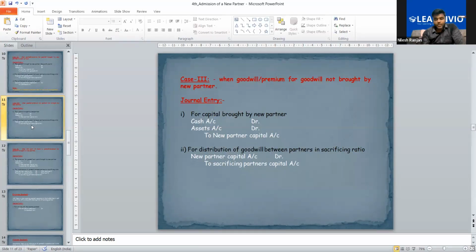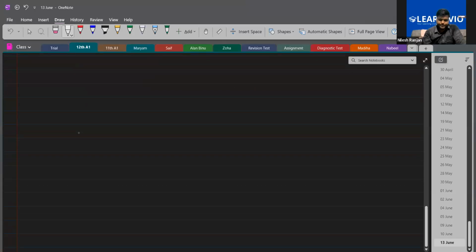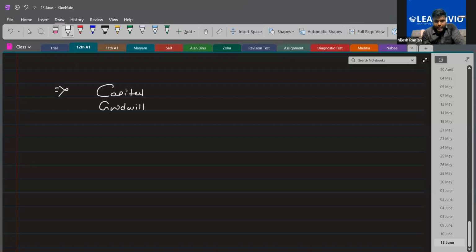Now the question is, if he is not bringing goodwill, then what will we do? What is the adjustment required? So he needs to bring capital and goodwill. I already told you that capital is for assets and liabilities, goodwill is for share in profit. So if he does not bring the goodwill, can we say that we will not give him a share in profit?